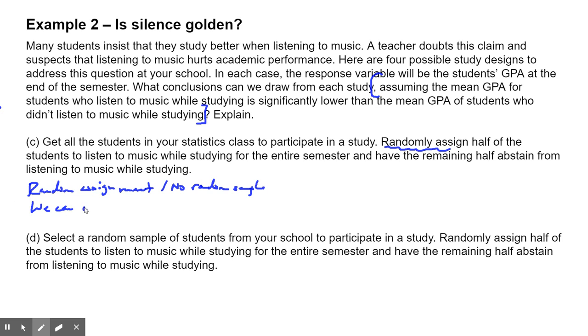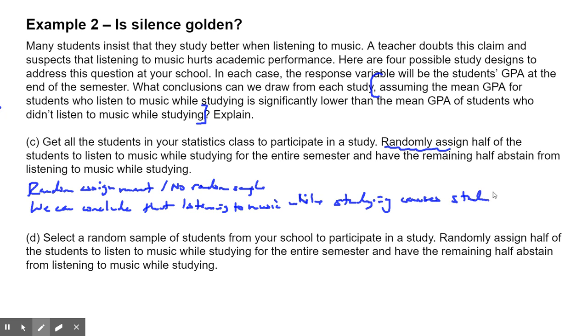We can conclude that listening to music while studying causes, right? So now we can conclude that it causes students to have lower GPAs on average.